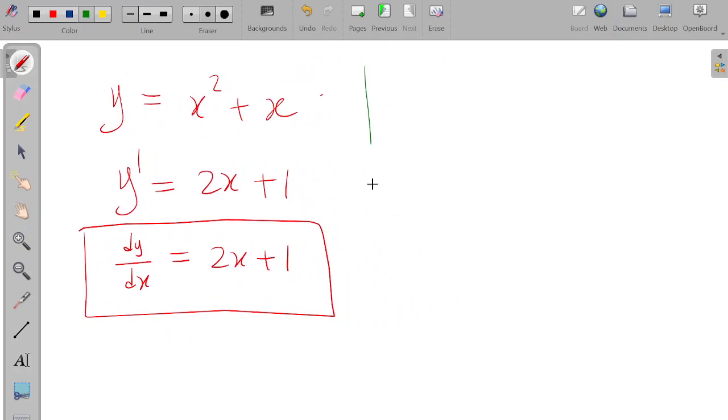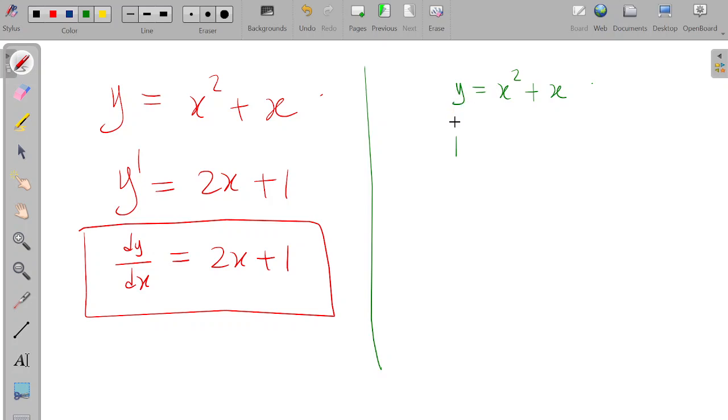We have y equals x squared plus x. Now, I will just derive y as if it's x. So if I derive this y, it's 1, as if it is x.